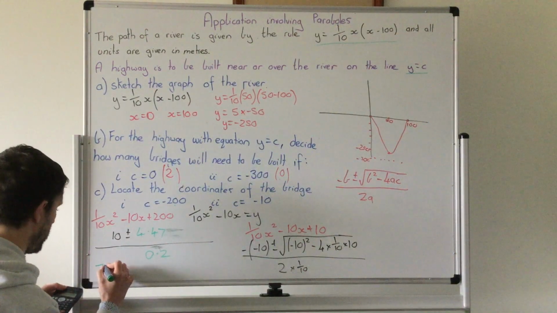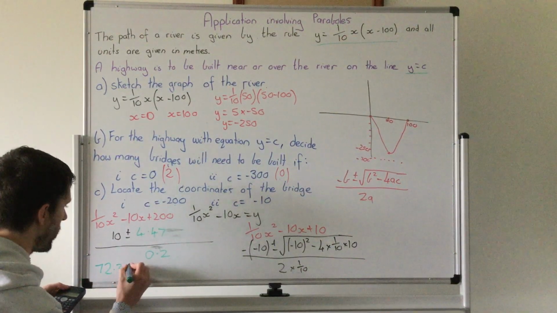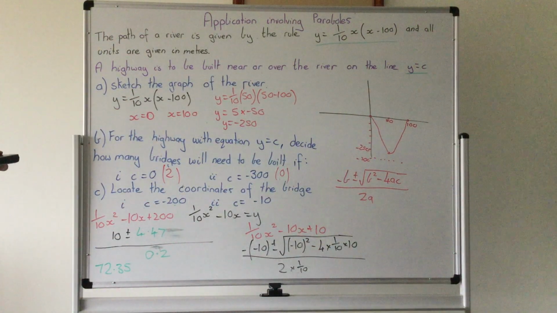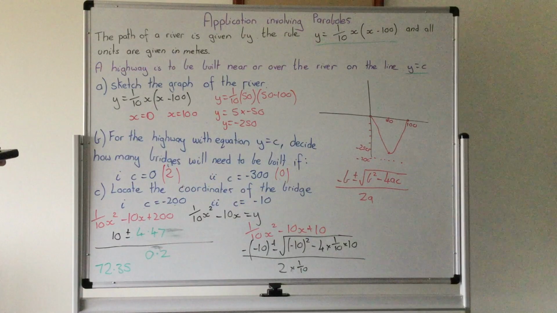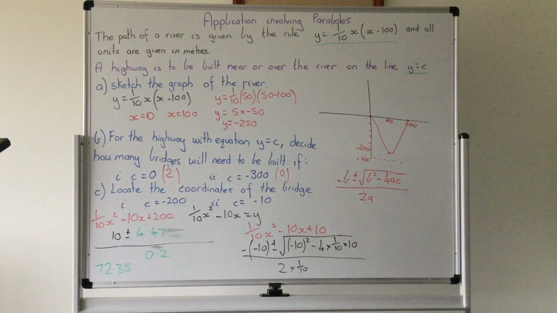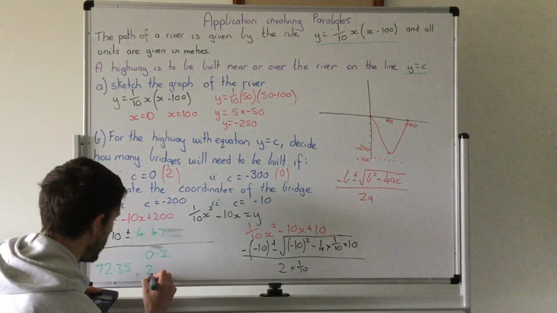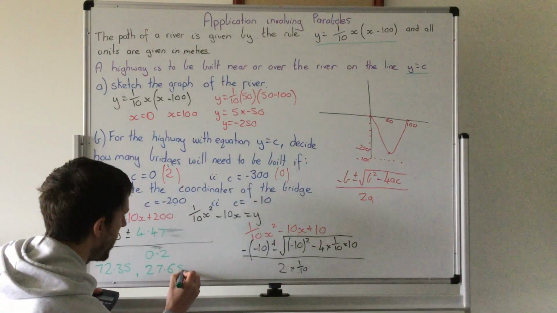one is when x will be 72.35, and we can also do negative 10 minus 4.47 divided by 0.2, and it gives us 27.65.